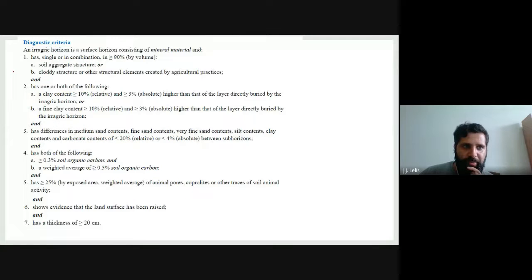So we should follow this condition, this condition, this condition, and we should present at least 3% of soil organic carbon. So you can see that's not so much, but you should present at least this content. And a weighted average of at least 0.5% of soil organic carbon.